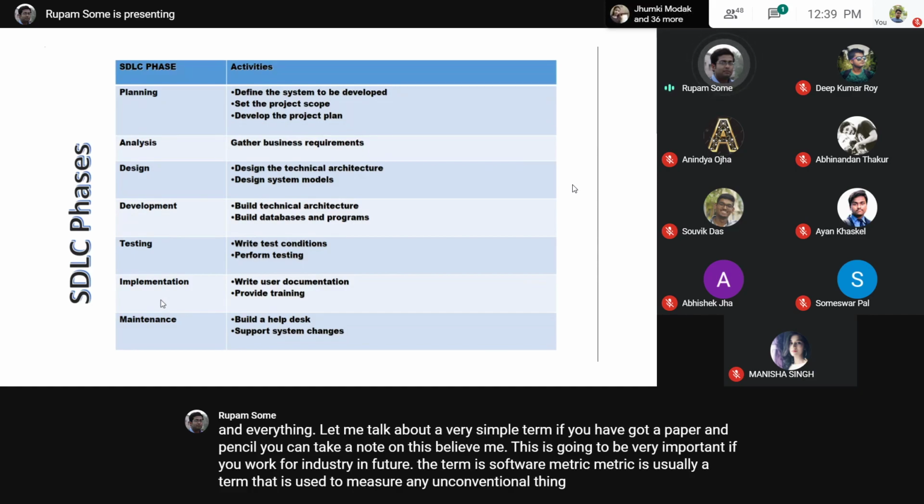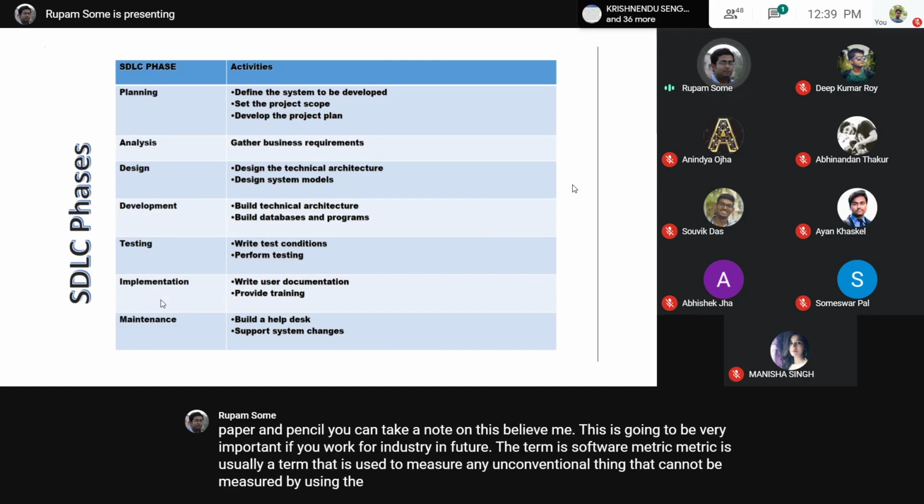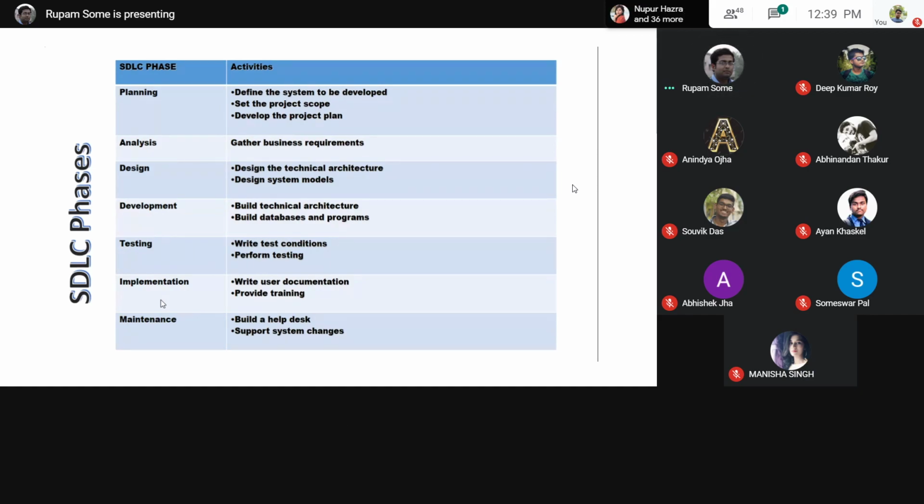In industry, suppose I'm saying I really do believe in a person. How much do I believe? If I have to clarify this, there is no such parameter using which I'll be able to clarify the reliability. So in that case, I'll be using some different parameters in terms of marking the reliability.